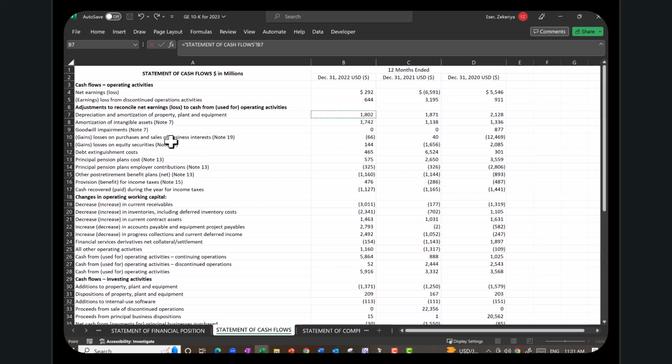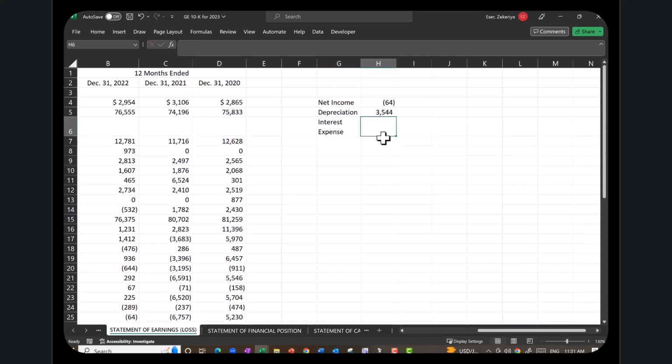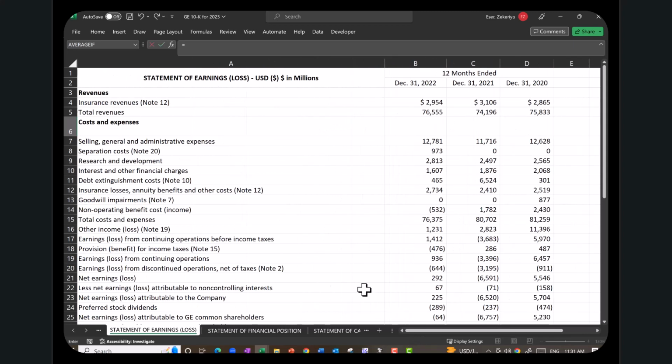That's typically stuff you want to take out for operating cash flow. Interest and financial charges.